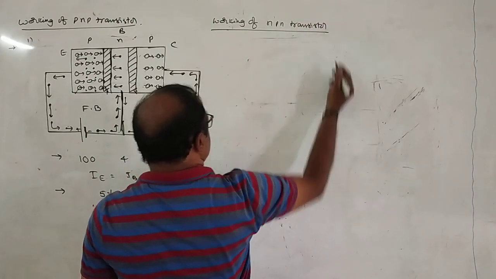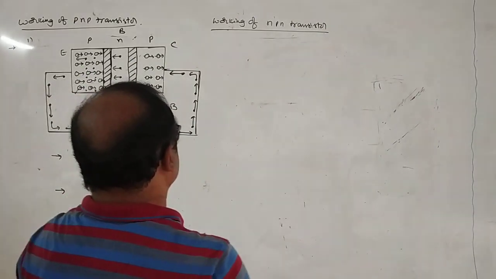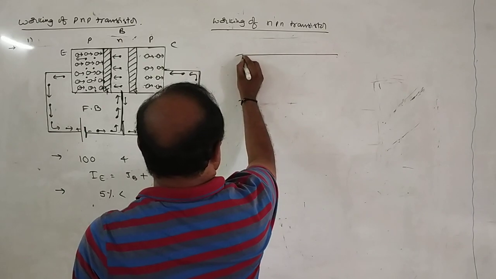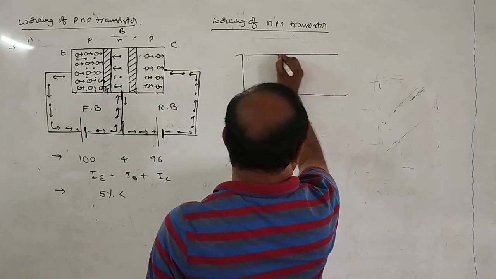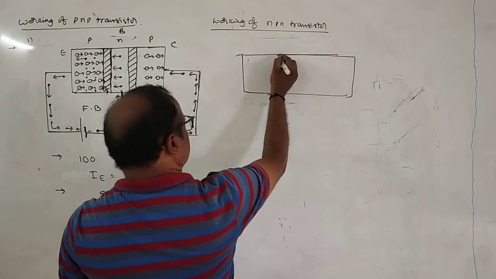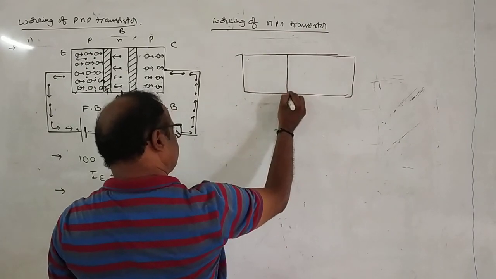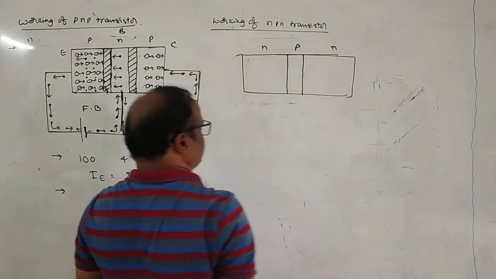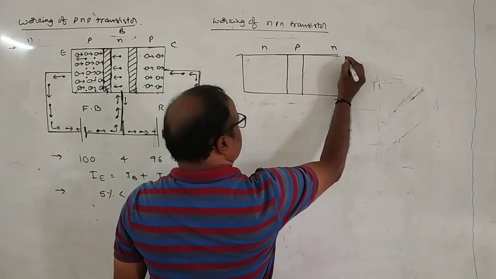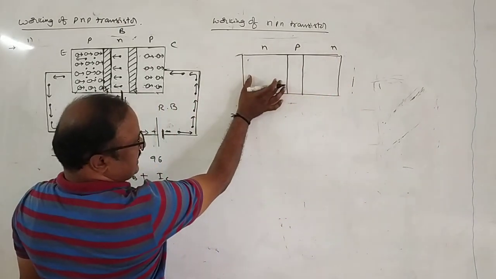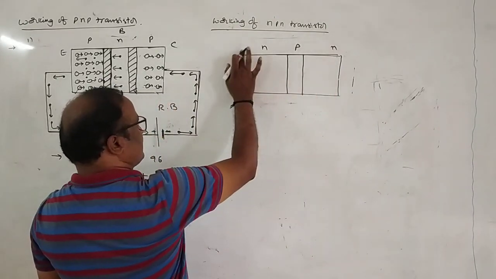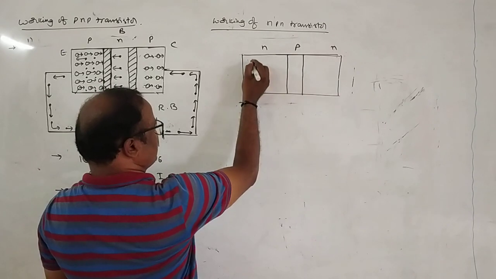Working of NPN transistor, the same way. Suppose it is an NPN transistor, and again this region is called the emitter. It is the base and this is the collector. The emitter is having a large number of charge carriers.